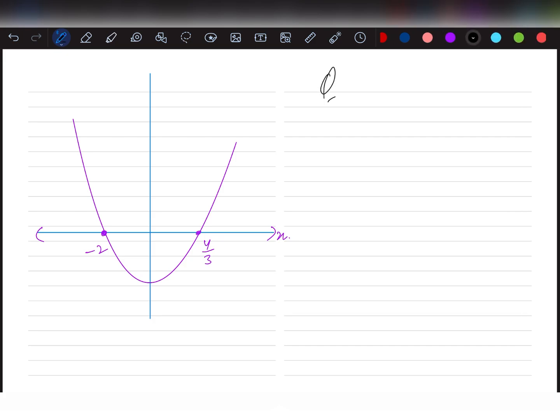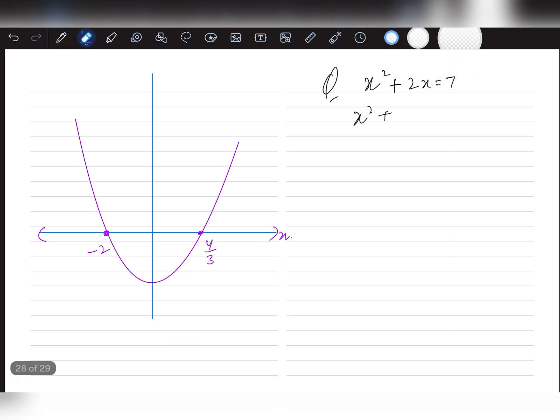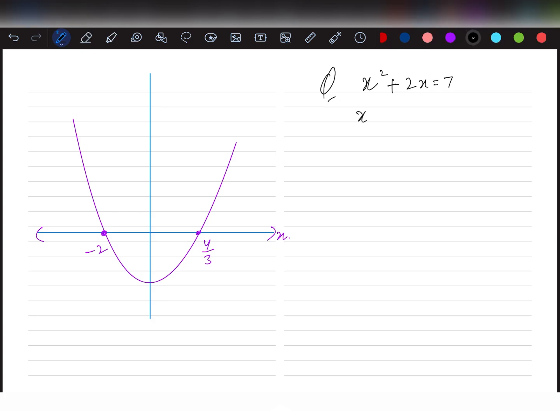Another question we can have is x squared plus 2x equals 7. So let's take 7 to the left side. Here we have x squared plus 2x minus 7 equals 0.